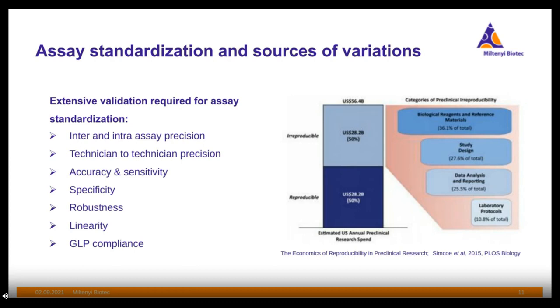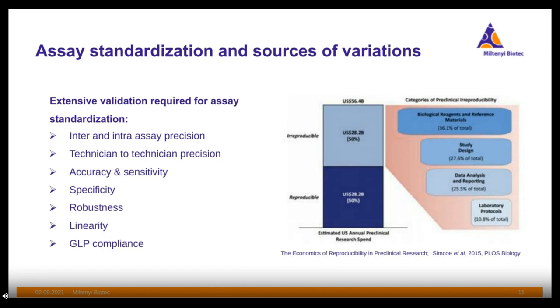Variation in assay can result in significant economic impact. A publication in 2015 in PLOS Biology reported that 50% of preclinical research is irreproducible, resulting in a waste of almost $29 billion US. The sources of such variability are also categorized differently.